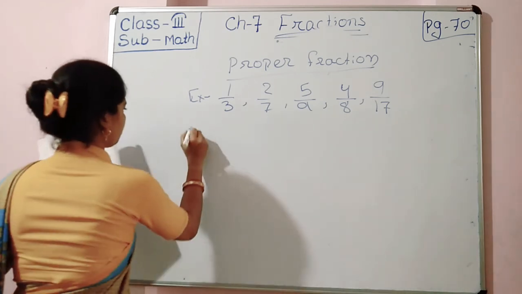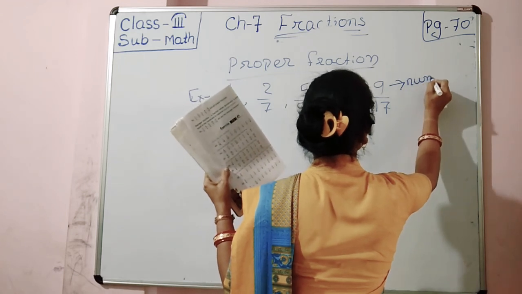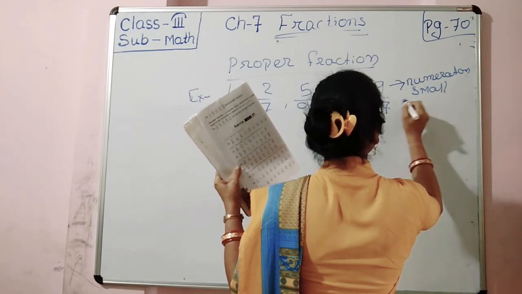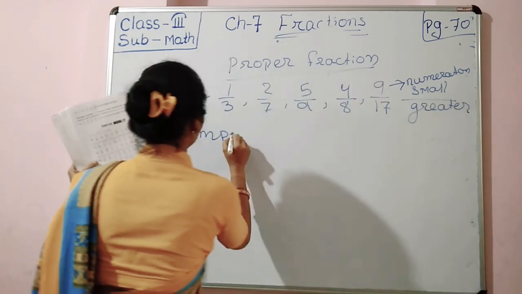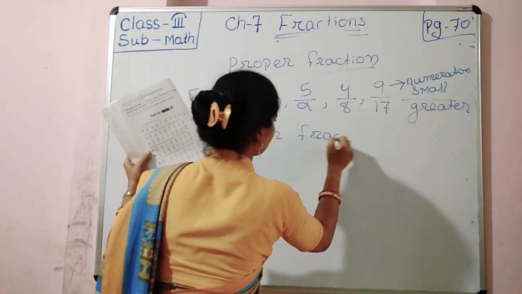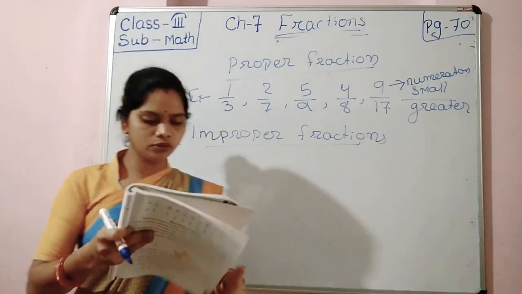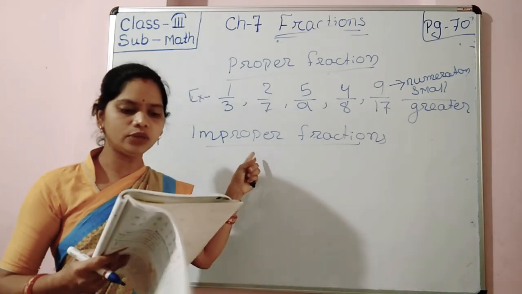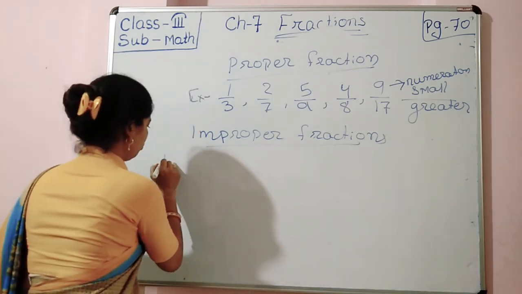Okay, then improper fraction. A fraction whose denominator is smaller than or equal to the numerator is called an improper fraction. Look, here the numerator is greater.